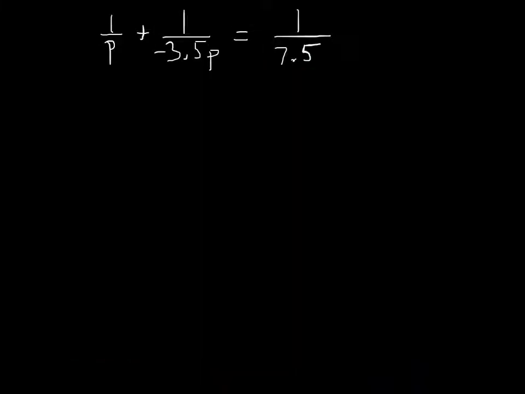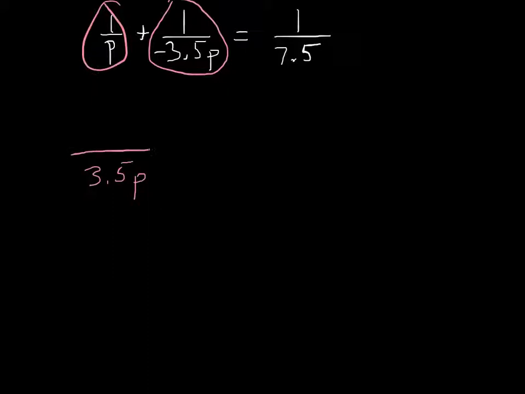So how do I actually solve this for the desired quantity, my P? In order to solve this equation, I need to find a common denominator. In this case, the common denominator is going to be something that's common between the 1 over P and the 1 over negative 3.5p. I use 3.5p as a common denominator. 3.5 times p. Now to keep this 1 over p unchanged, I need to put a 3.5 into the numerator.